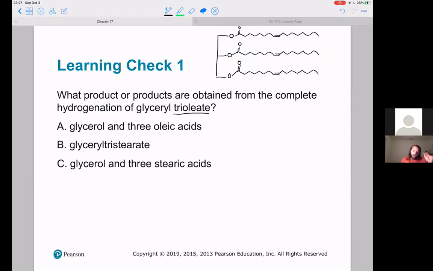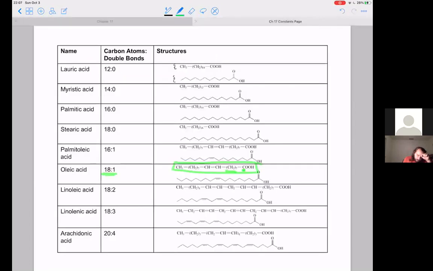What's going to happen when we hydrogenate this? Right? We're effectively just going to be reducing all of these double bonds to single bonds, which means that we're going to be going from this 18:1 ratio to an 18:0 ratio.